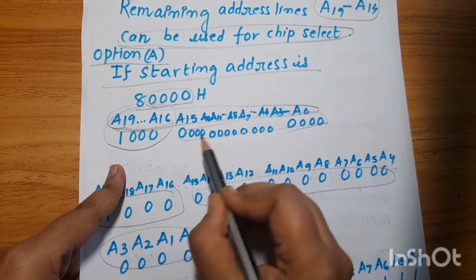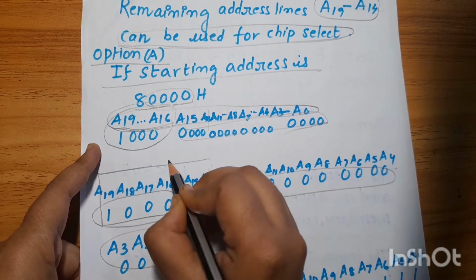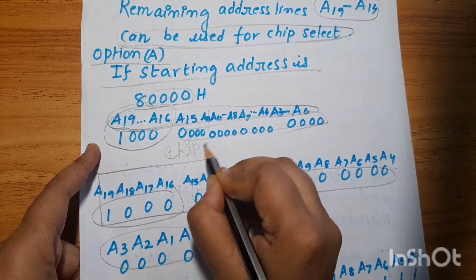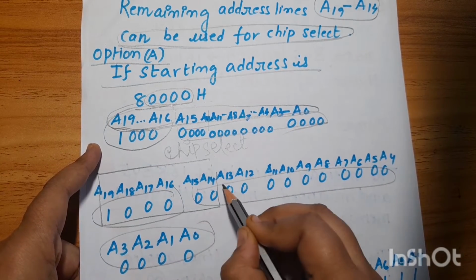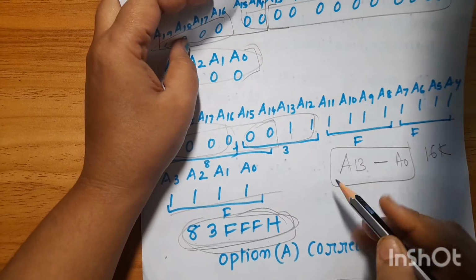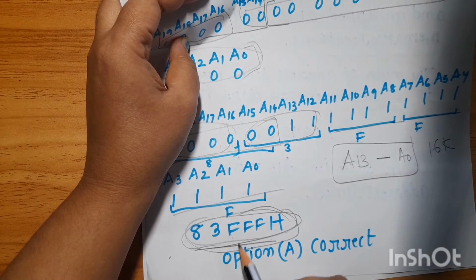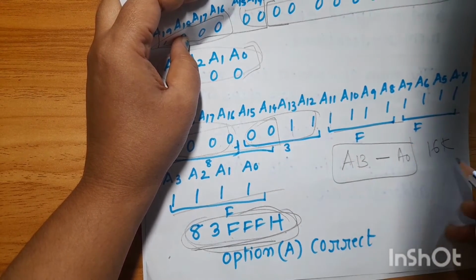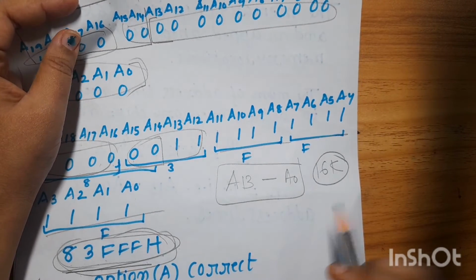Here A14 to A19 is for chip select, and A0 to A13 are used to address the memory location. So here you see the chip select is the same, 8, for 833FH, and A0 to A13 are all ones. So we are addressing 16 kilobytes of memory. So option A is correct.